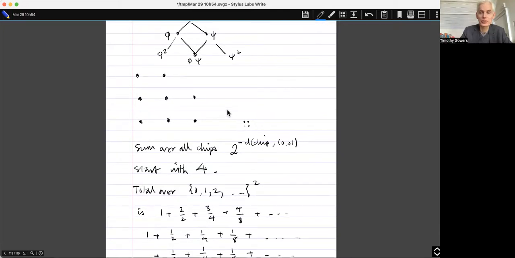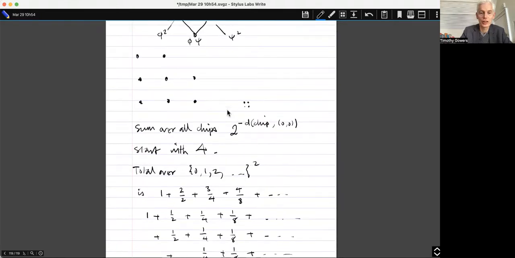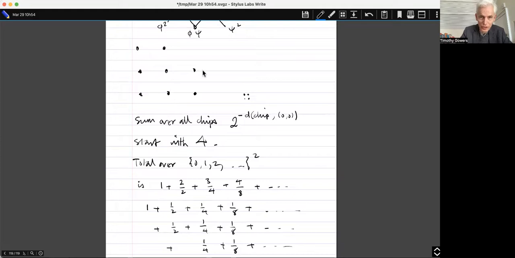Because that was very similar to a problem of Kontsevich done earlier on in these 60 questions, it was a very reasonable guess that the right invariant to look at was the sum over all the chips you've got of 2 to the minus the distance from the chip to 0, 0, where the distance is the length of the path if you can go vertically and horizontally.